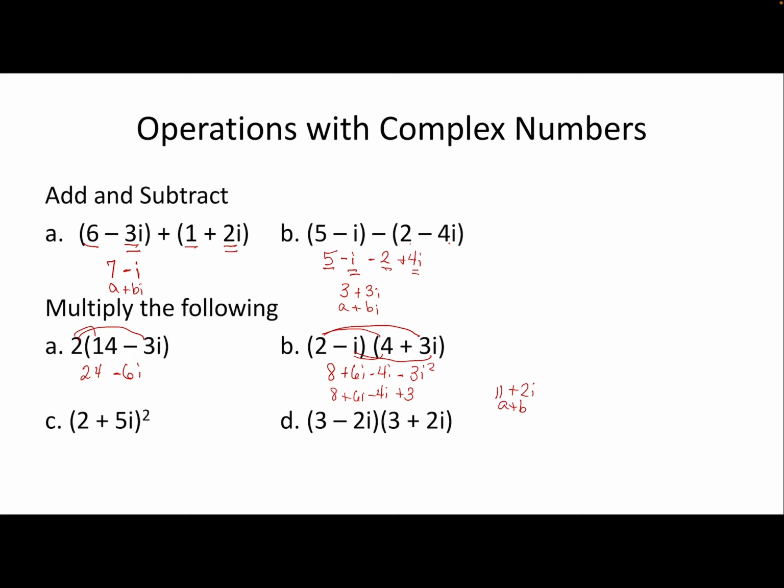A plus bi form. Real part always first, imaginary part second for our complex number. What if we're squaring a complex number? We have to remember that when we're squaring something, we're taking it times itself.